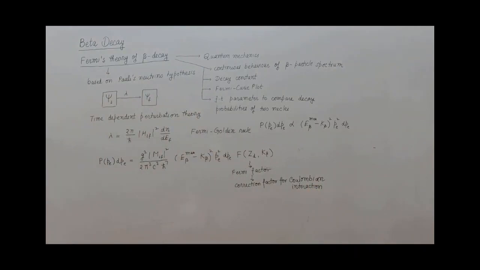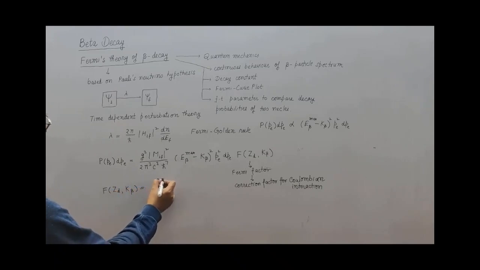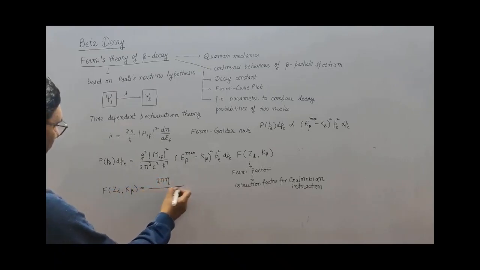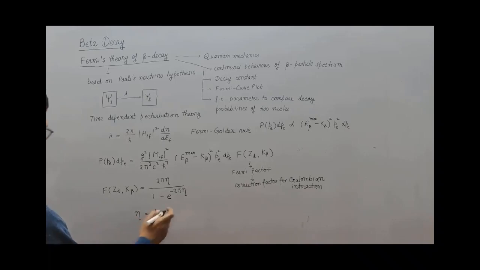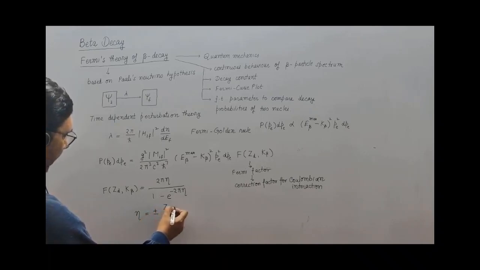The expression for this correction factor was F(Z_D, K beta) equal to 2 pi eta divided by 1 minus e to the power minus 2 pi eta, where eta is equal to plus or minus Z_D e square upon 4 pi epsilon naught h cross v.